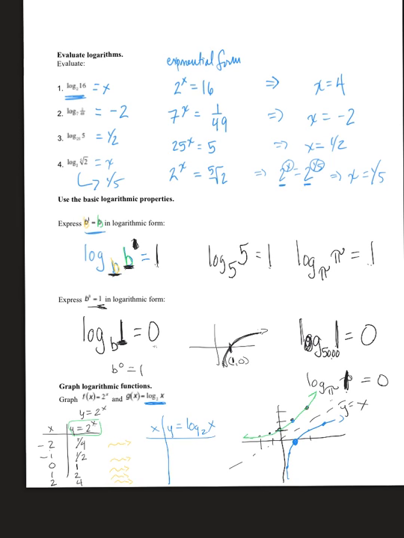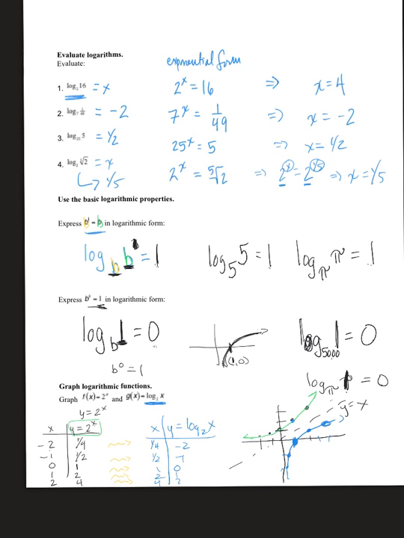So this becomes (1/4, -2). (1/2, -1). (1, 0). (2, 1). (4, 2).